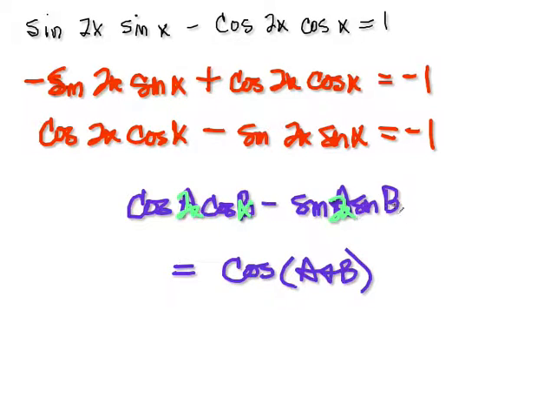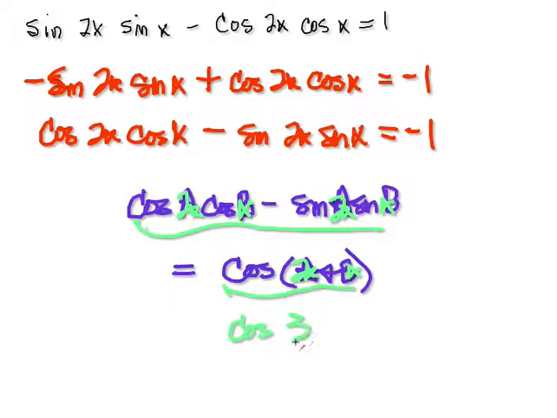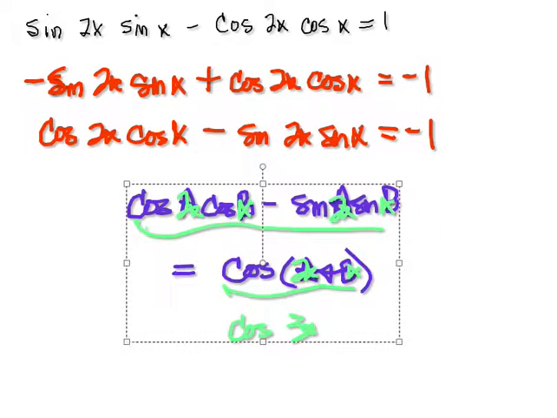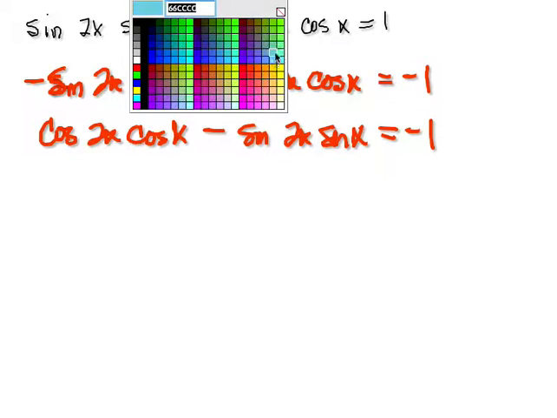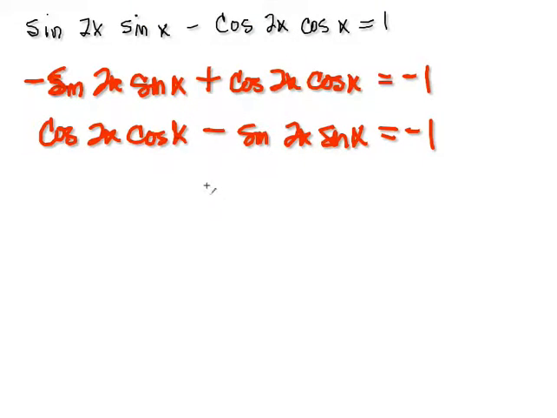So all of this is going to equal the cosine of 3x. That's what I really have up over here: the cosine of 3x.